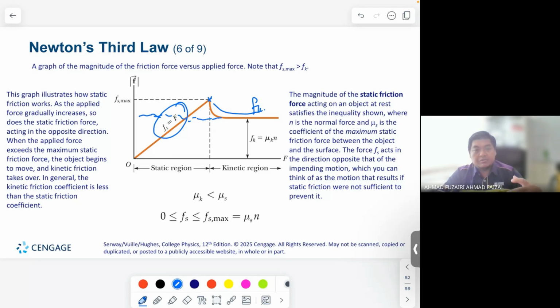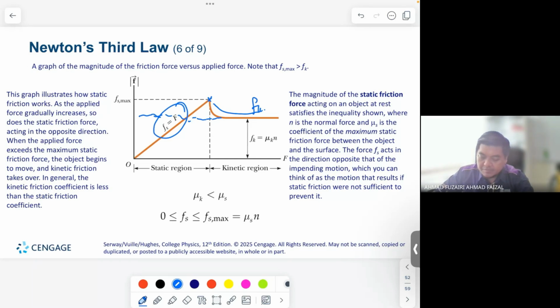The static friction builds up from zero until a maximum, and after the static friction reaches its maximum point, the friction after that we call kinetic friction, and the value of the kinetic friction should stabilize and become constant throughout time.